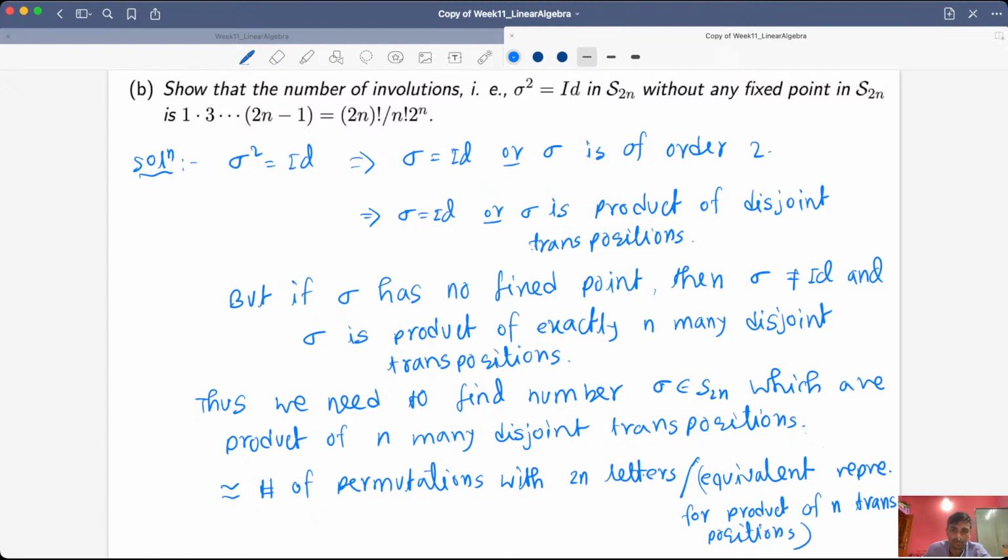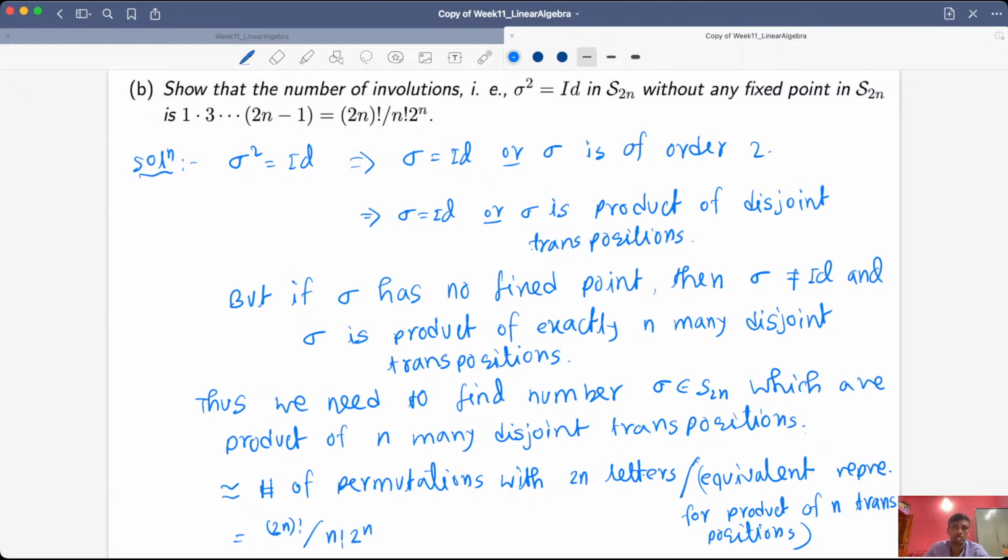So the number of permutations with 2n letters is 2n factorial. And we just discussed that the equivalent representations for any product of n transpositions from this 2n factorial is factorial n into 2 power n.